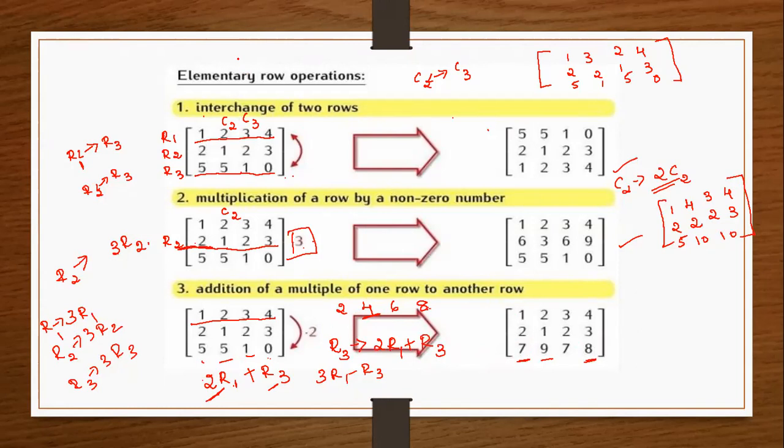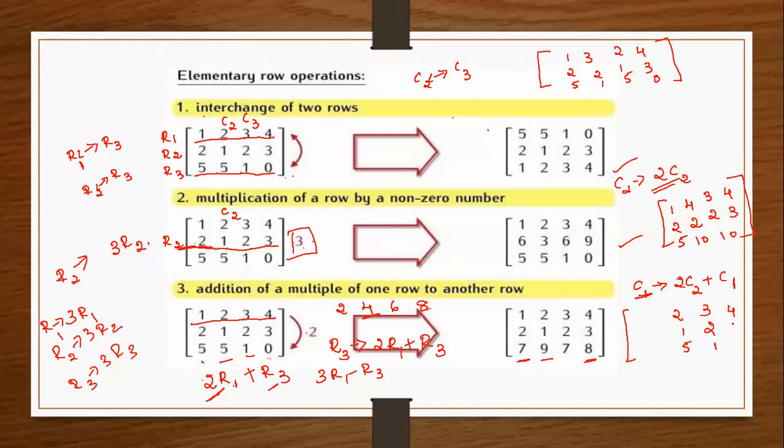Right? This can be done even for columns. Columns are the same. So you can write, if I want to change C1 as 2 into C2 plus C1, what you get? The rest of the elements will remain the same. Only your C1 is going to change.